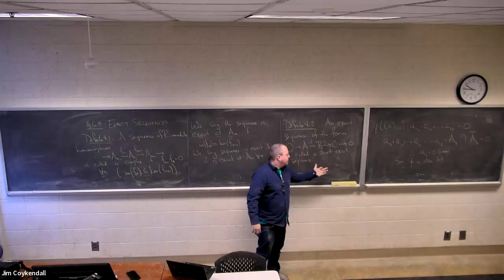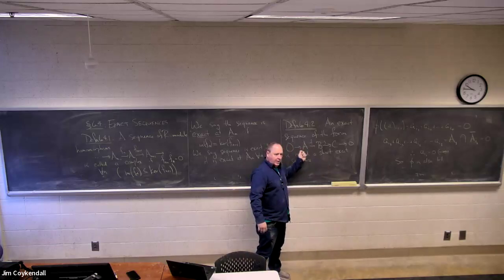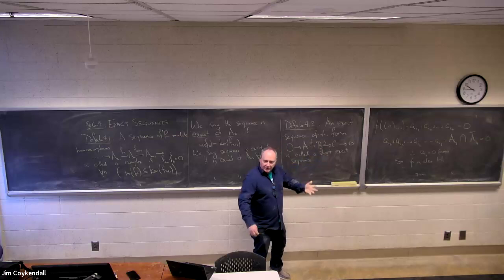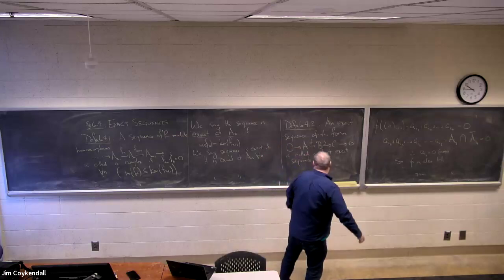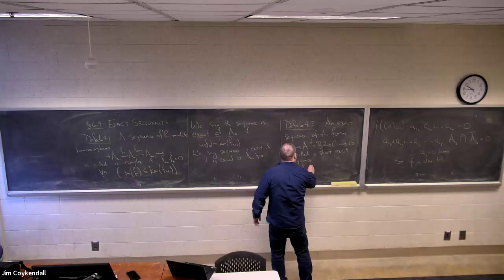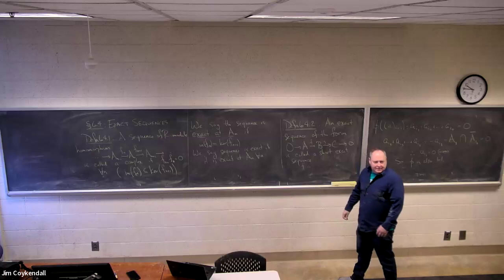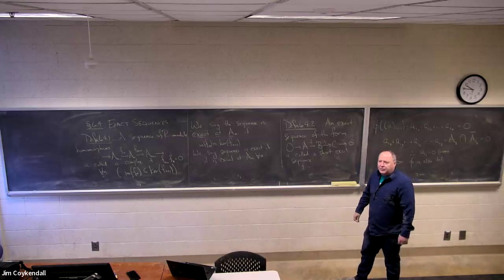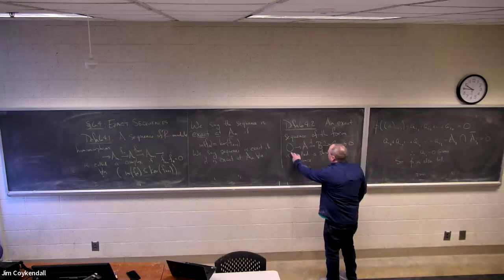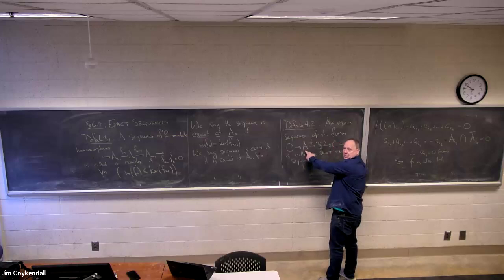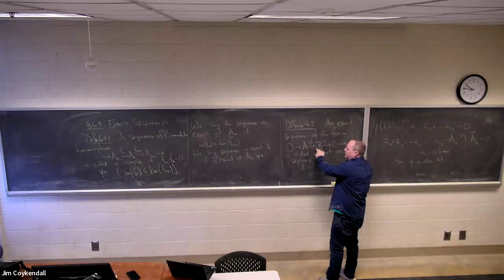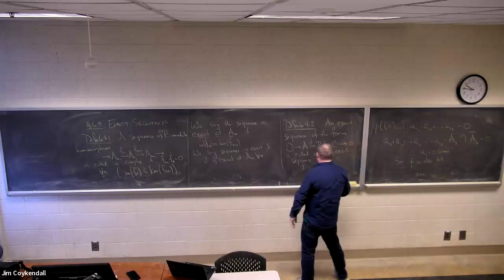Okay, suppose I walk up to you on the street and I give you this 0, A, B, C, 0, and I say it's exact. What can you say about F? It has to be 1-to-1 because the image of the map from 0 is 0, and it should equal the kernel of F. Well, if the kernel of F is 0, that means F is 1-to-1.